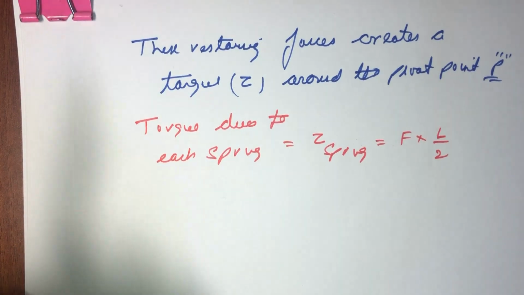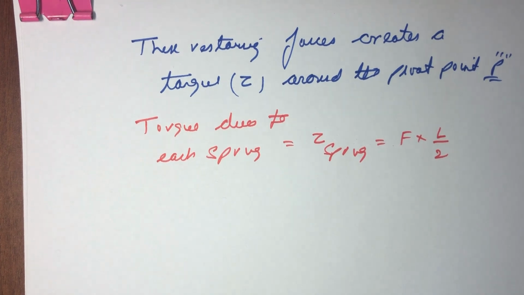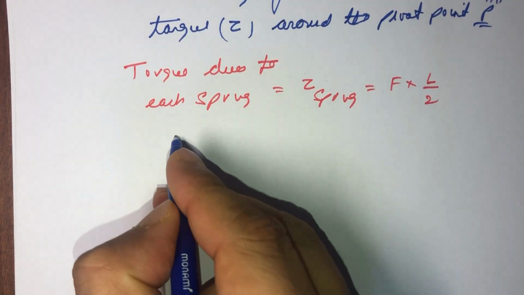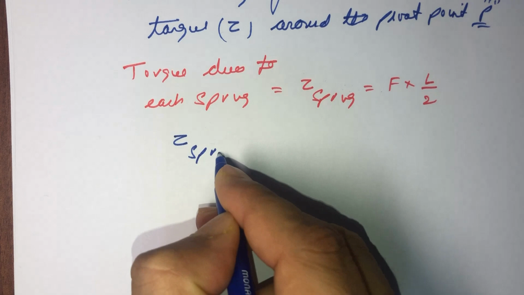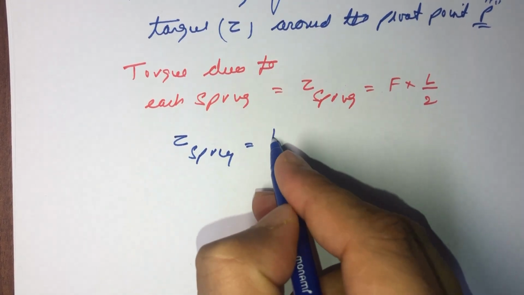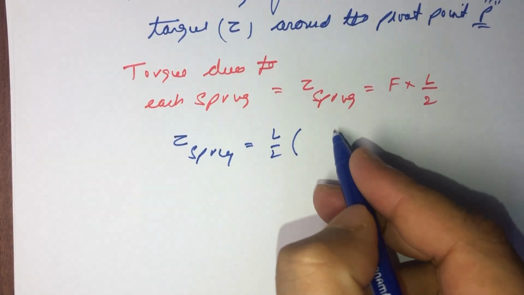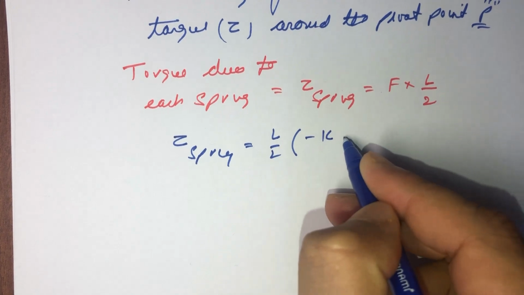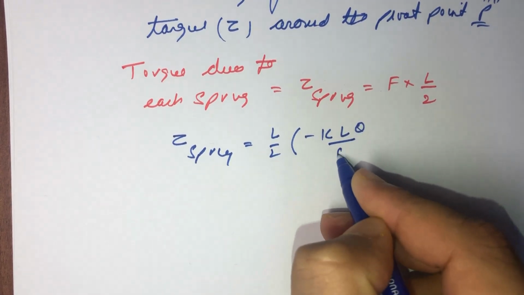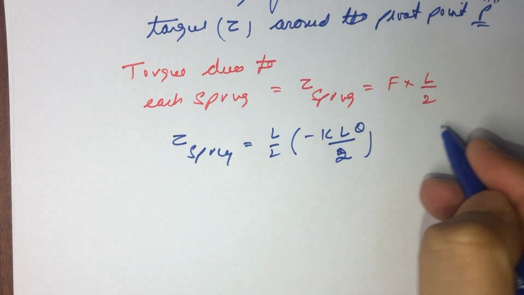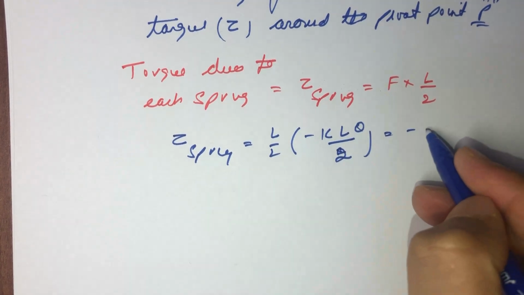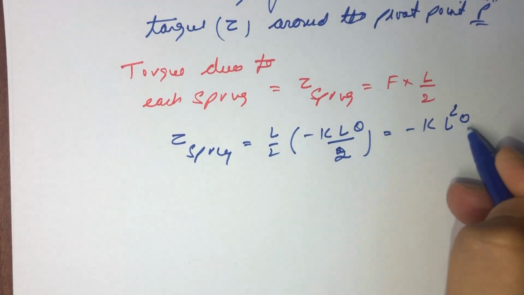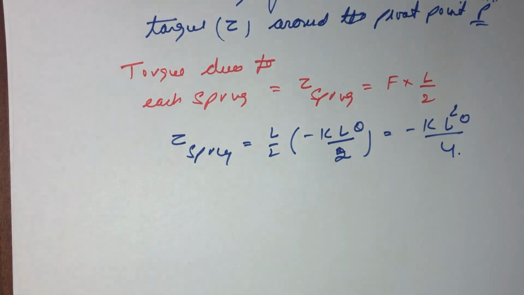Substituting here, we get tau spring is equal to L by 2 multiplied by minus k L theta divided by 2. This becomes minus k L square theta divided by 4.